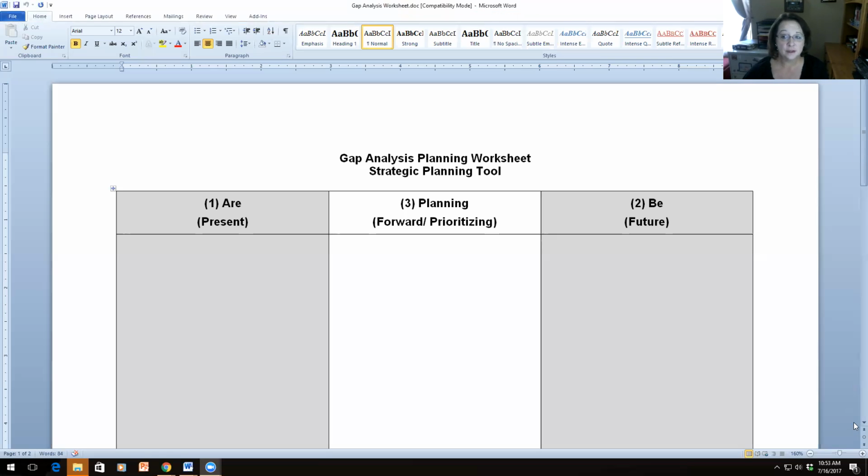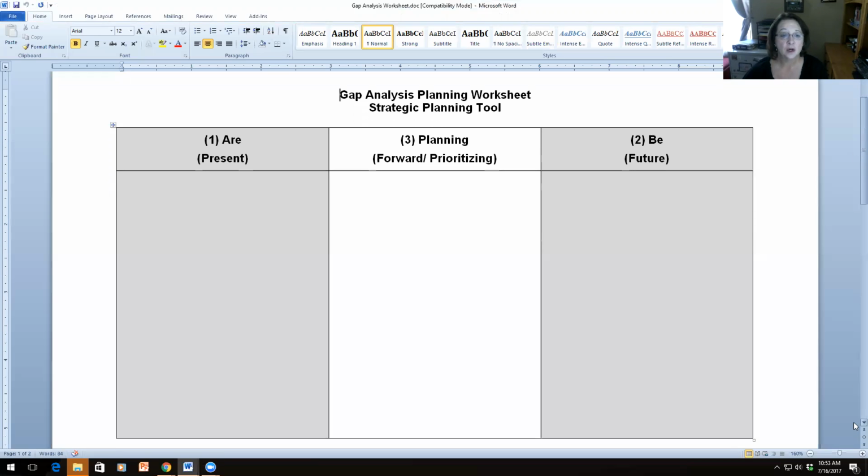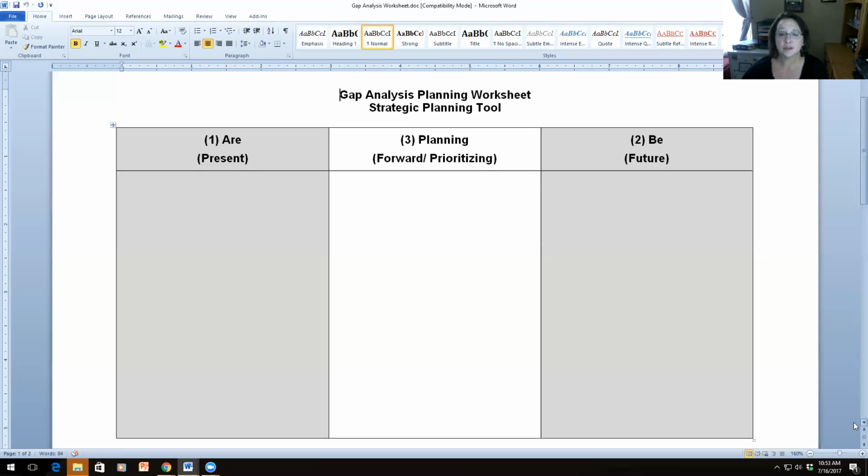So here's why I build it like I build it. Some people I've seen build the gap analysis tool where you see the R, the present column, that's always on the left. Sometimes the number 2, which I put on the right, is in the middle, and the 3 is on the outside.